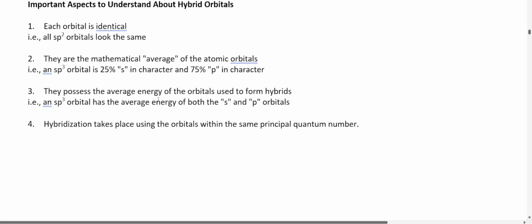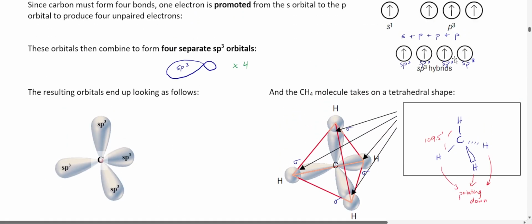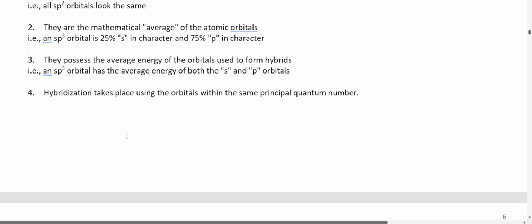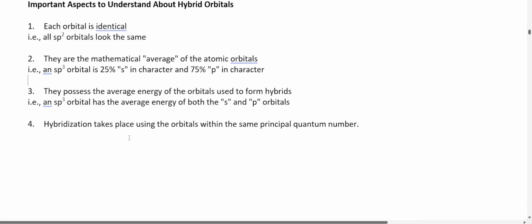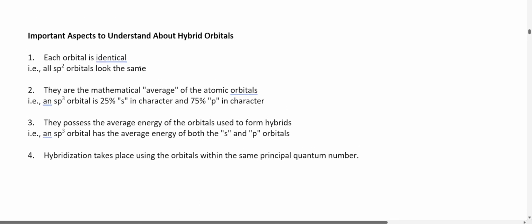They possess the average energy of the orbitals used to form hybrids. So all of these orbitals are at the same energy level, and they have the average energy of the s and the p's. And hybridization takes place using orbitals within the same principal quantum number.